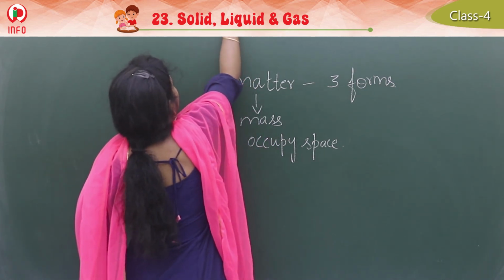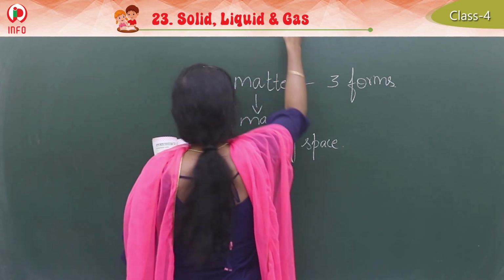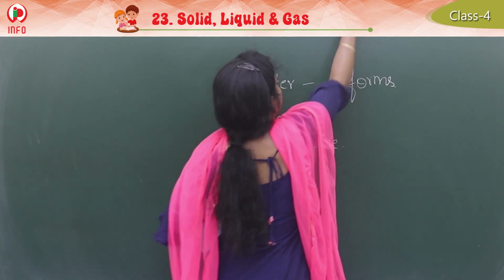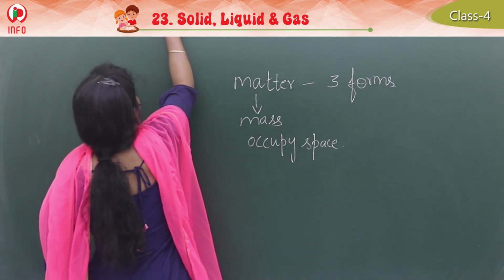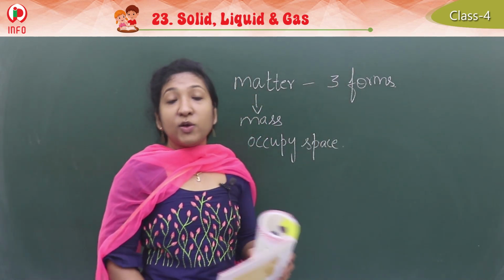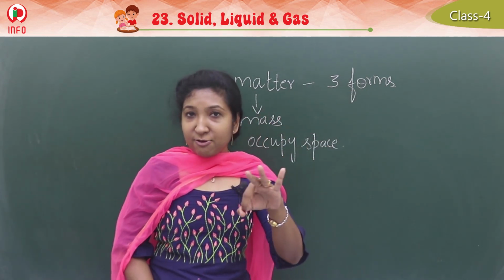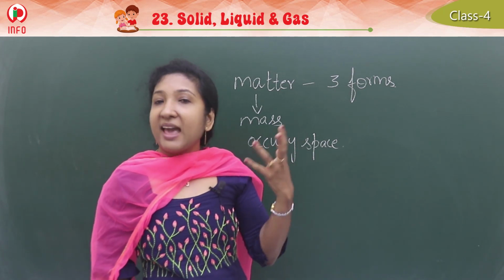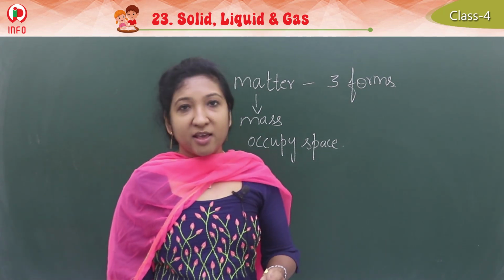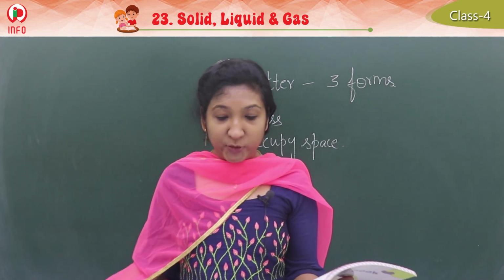So in lesson 23, we are going to learn about solid, liquid and gas. These are the three forms of matter. Okay children? Yes, lesson 23, solid, liquid and gas.